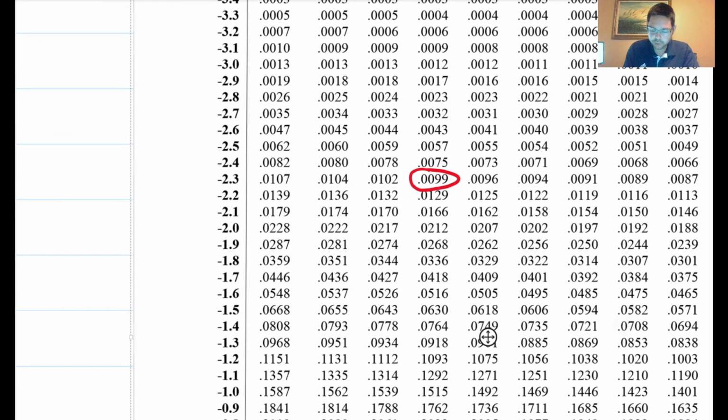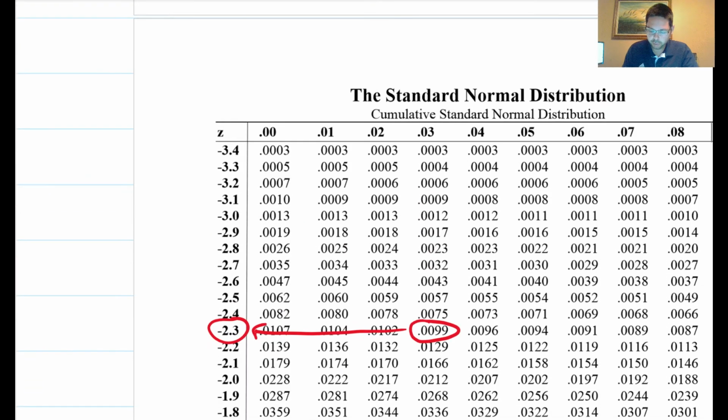So it's between that and this one. But 0.0099 is a lot closer. It is a little bit closer to 0.01 than the one on the left. So 0.0099 is the winner here. Therefore my z critical is negative 2.33.